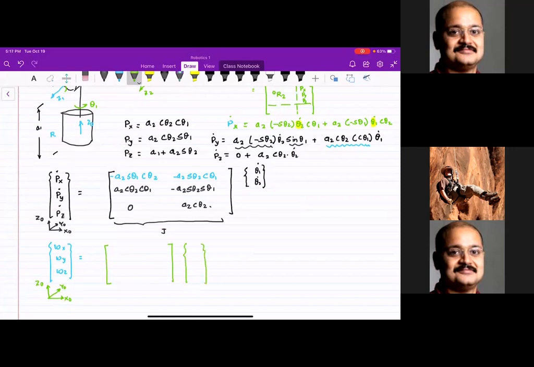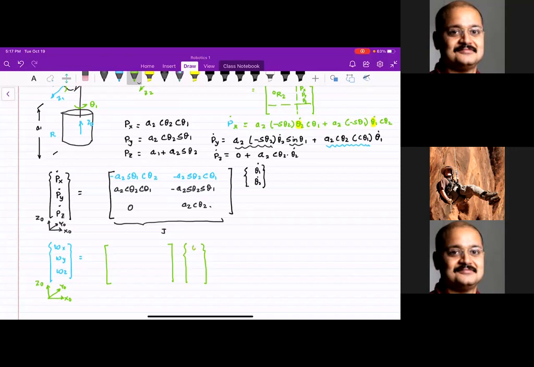You have two joints, and the good news here is both the joints are rotary joints. So you have a theta 1 dot and you have a theta 2 dot. You agree with me? Theta 1 dot is about z naught.